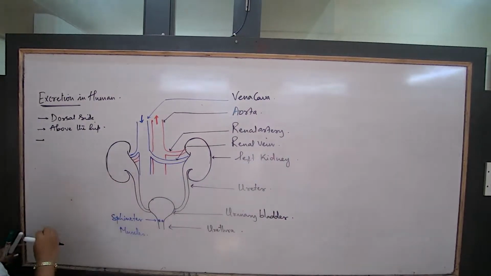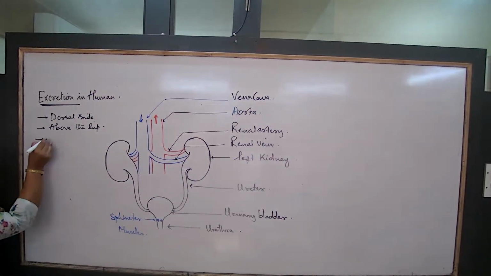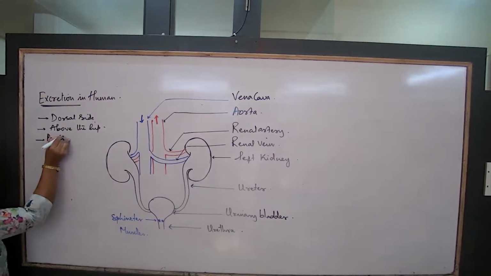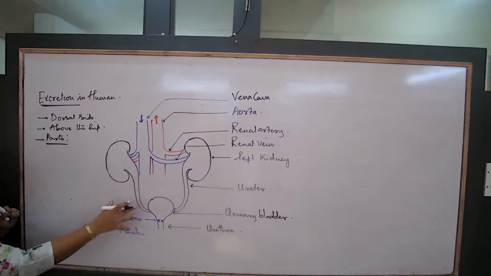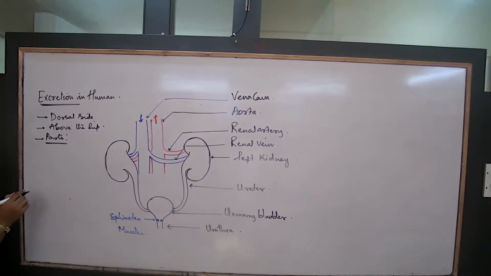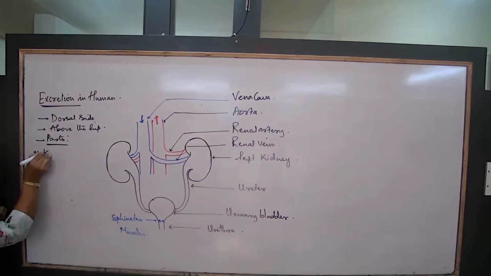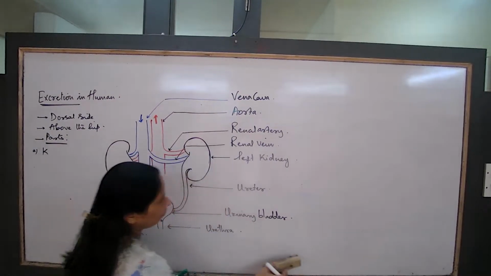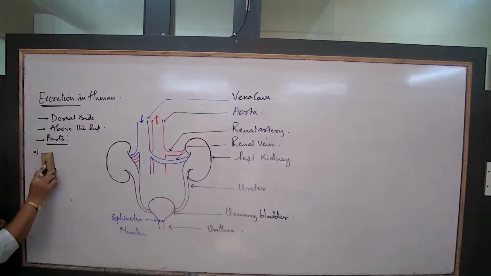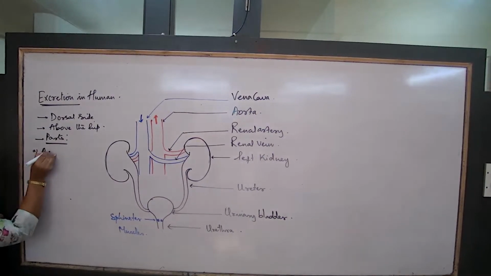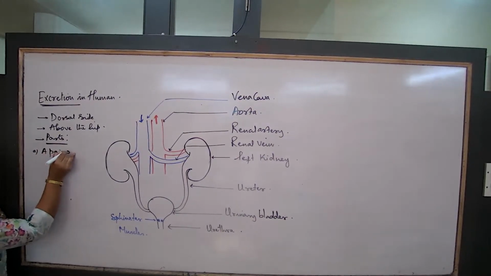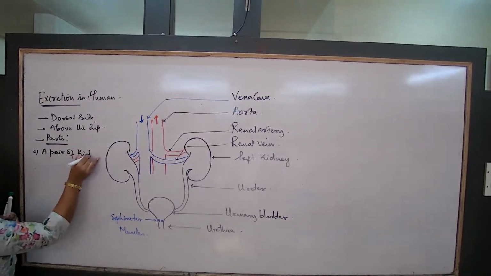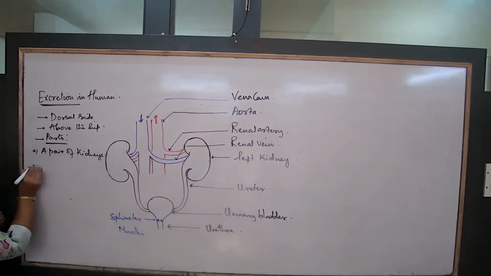So the excretory system, what are the important parts now? Here we have drawn all of the organs along with the blood vessels, but which are the most important parts? The excretory system consists of a pair of kidneys. What next?